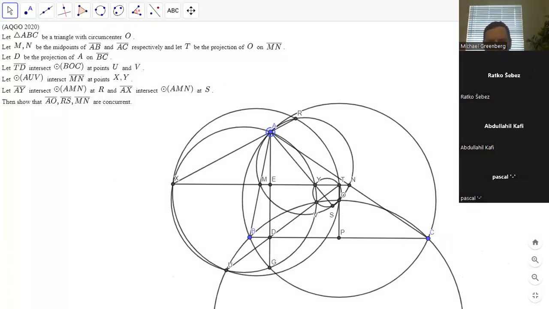UXT is UXY. UXT is 180 minus UOT. It's interesting.